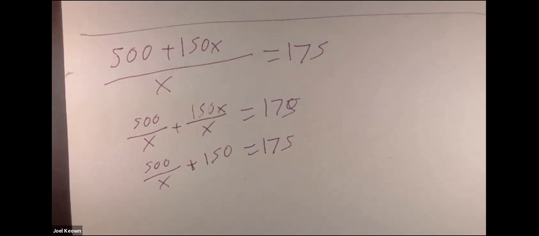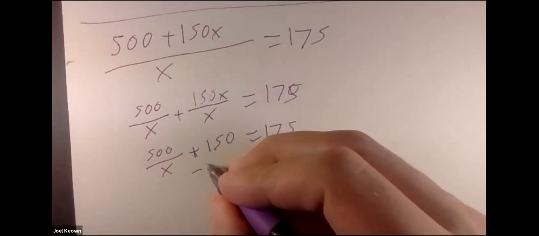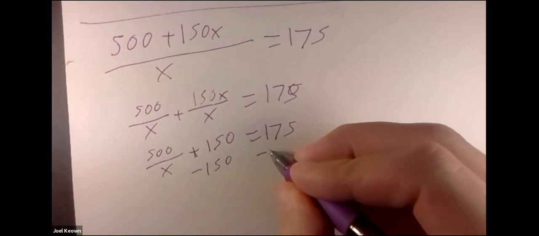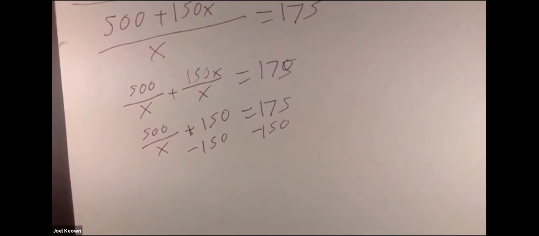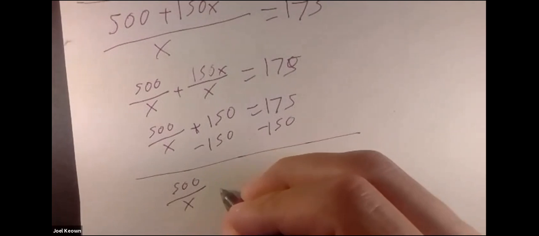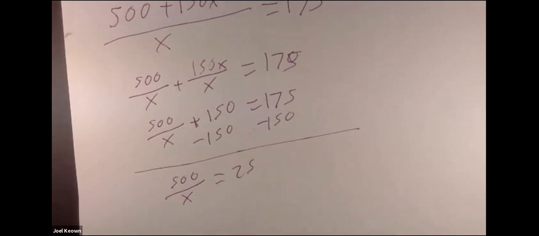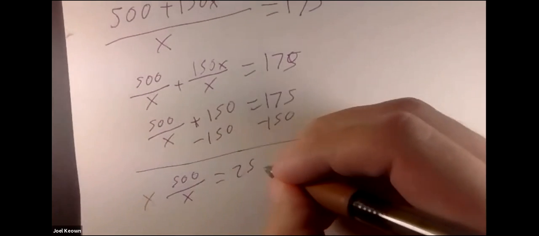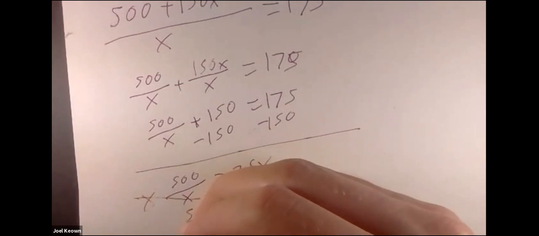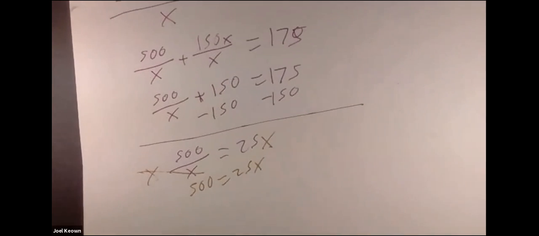How do I do that? Well, I can just use algebra. Subtract 150 from both sides. 500 divided by x equals 25. Multiply by the denominators, and we'll multiply both sides by x. 500 equals 25x.